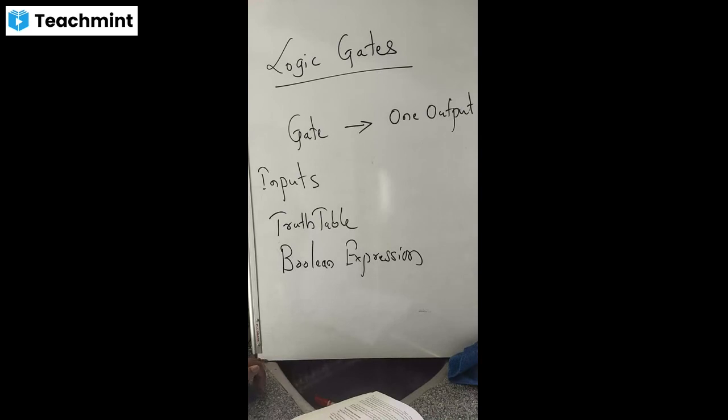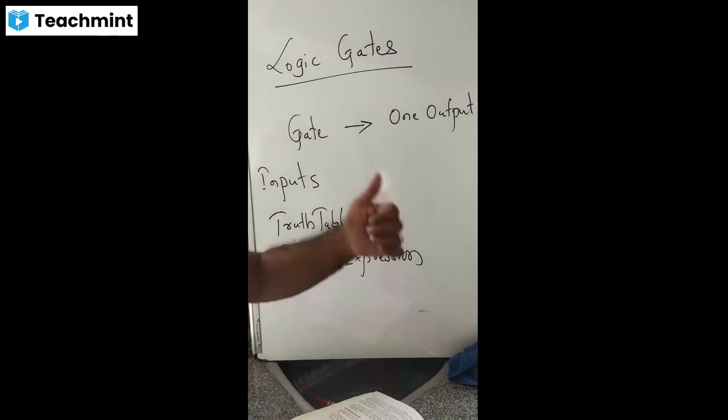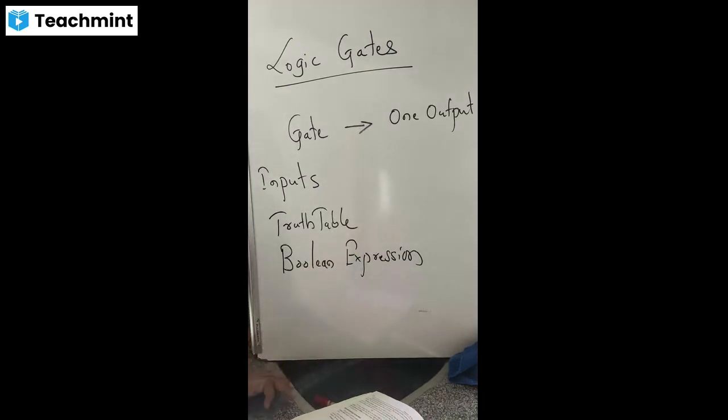Whether those inputs should be added, subtracted, multiplied, or negated, such kinds of processes are explained by mathematical functions or mathematical expressions. Those are called Boolean expressions. And the algebra which involves these Boolean expressions will be called Boolean algebra.